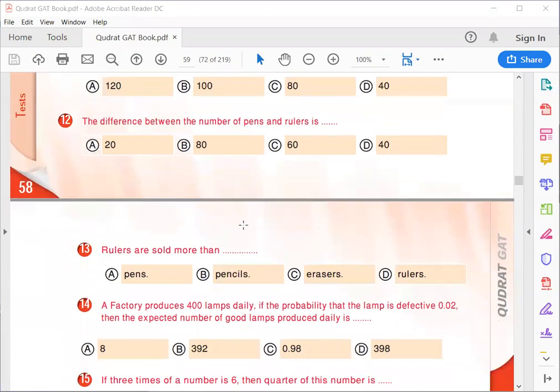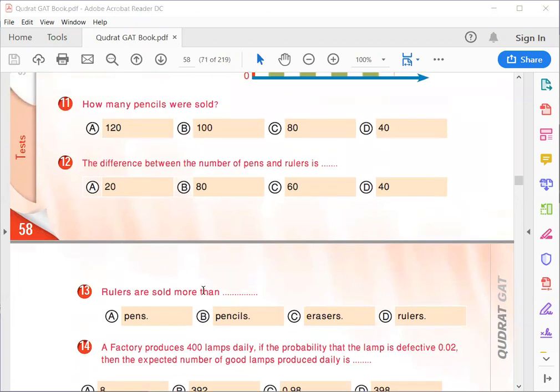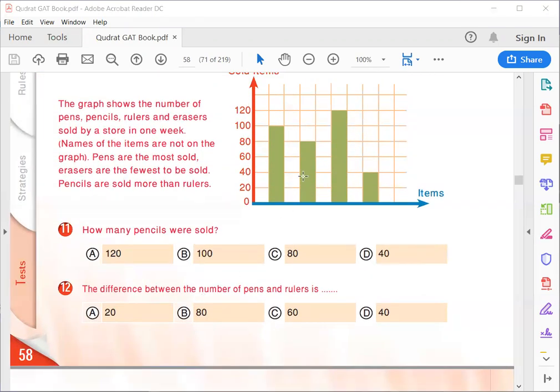Right. Now number 13, rulers are sold more than here. Where?